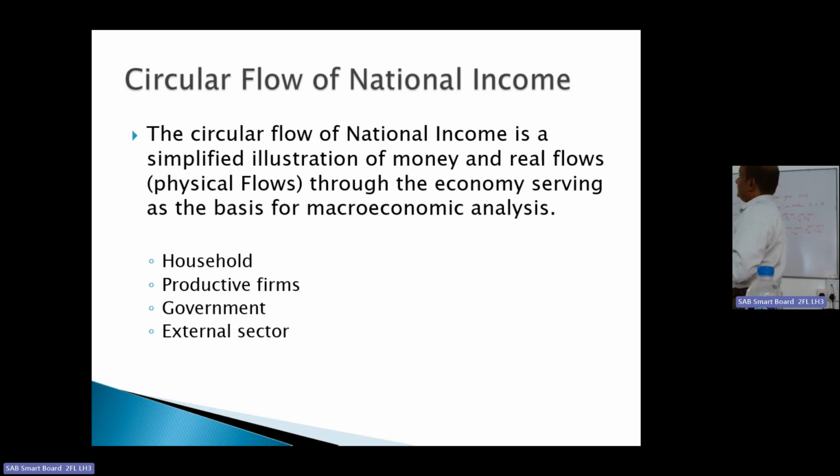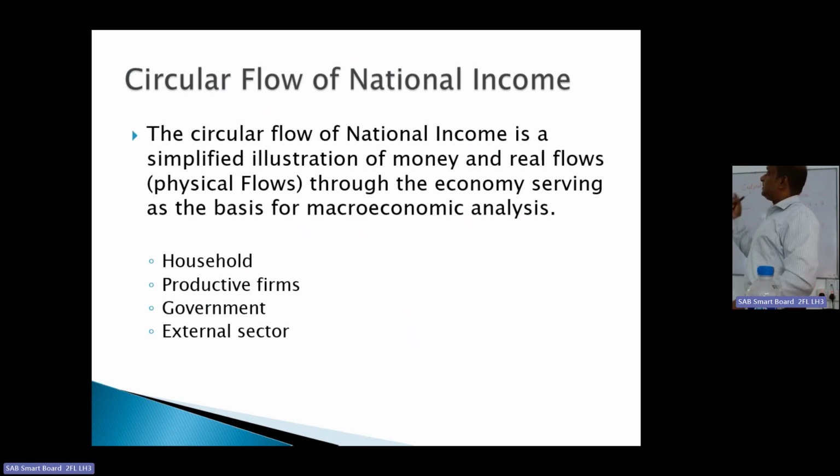So first we take the simple way, the simple circular flow of national income. We take the two sectors, household and firms. What is the behavior between the household and the firms? That explains the simple circular model.